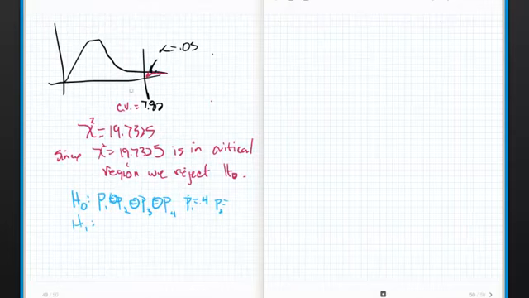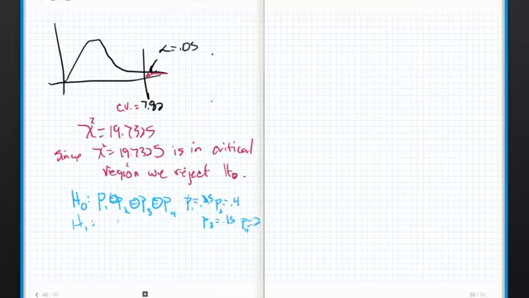So P1 is equal to 0.25, P2 is 0.4, P3 is equal to 0.15, and then P4 is equal to 0.2. Now, traditionally, if we're looking for a uniform distribution, this is what we would write for our null hypothesis.